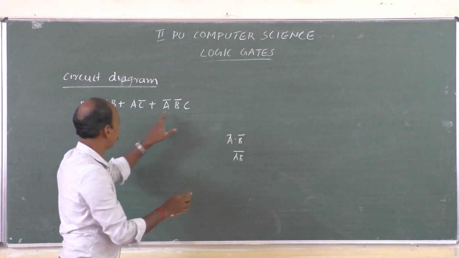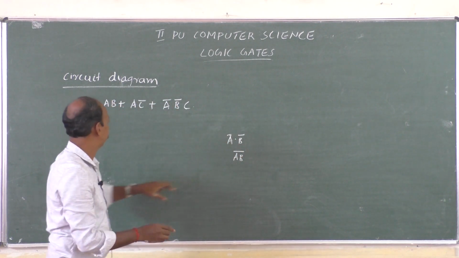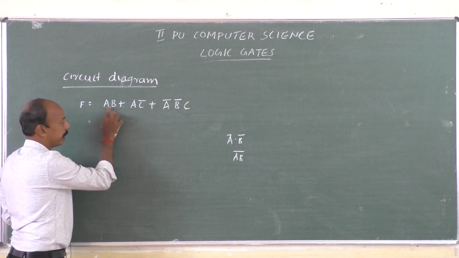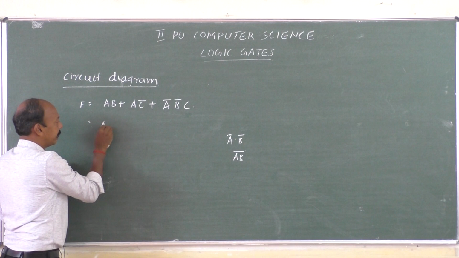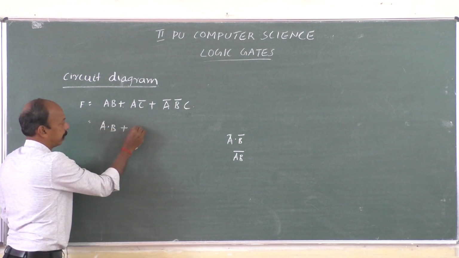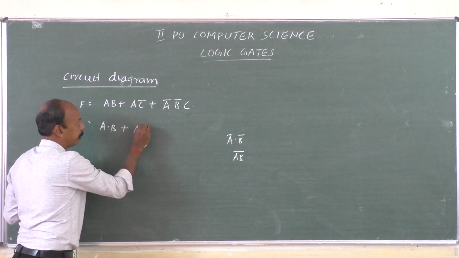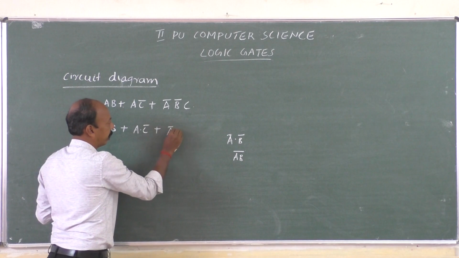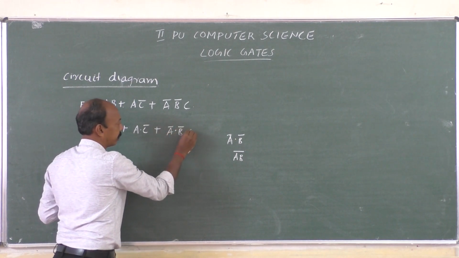Here also first we shall write in that order, later I will explain this. So what is the meaning of this? Even if we have written AB, it is understood that it is A dot B, plus A dot C bar plus A bar dot B bar dot C.